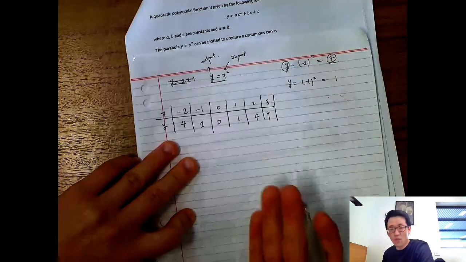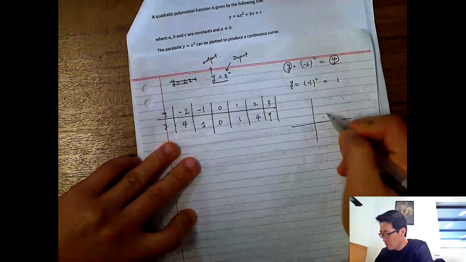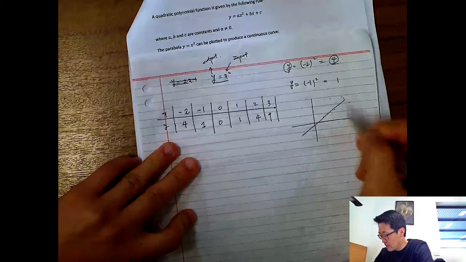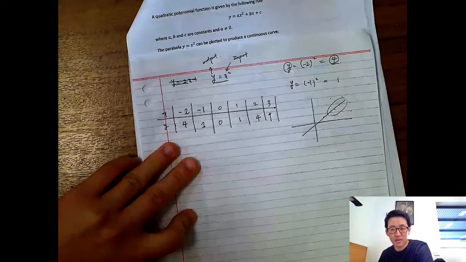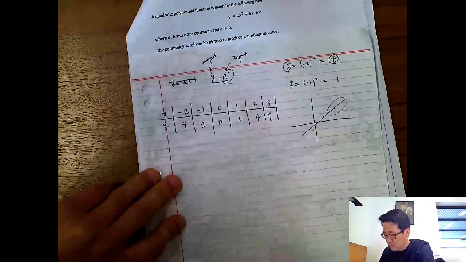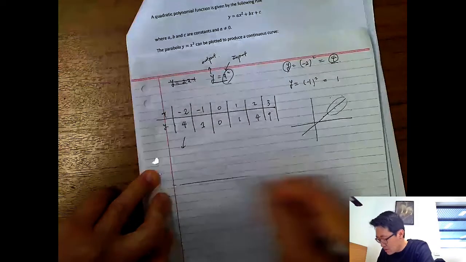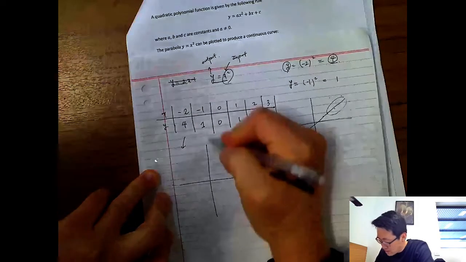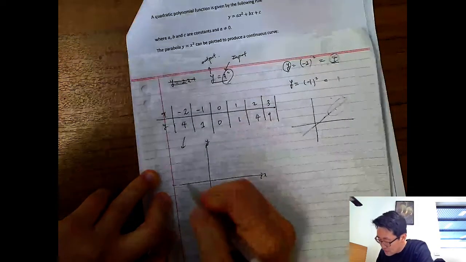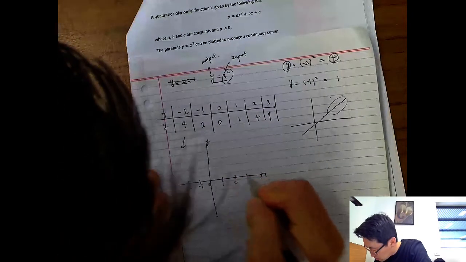It's the same way as linear. When we do linear, we put in different points and link them, and we call that a linear equation. But for quadratic, we'll see how it looks. Let's draw that. X-axis, y-axis: minus 3, minus 2, minus 1, 0, 1, 2, 3.